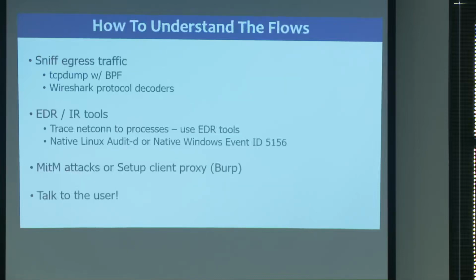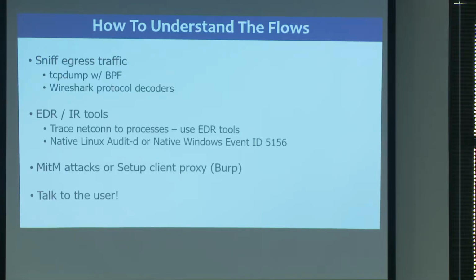This is also important. I told you how you can get the data. And you know that port 8444 was your number 1. Well, what is that? How do you get there? If you have a network tap on your perimeter, you can build some BPF filters and run tcpdump and look for that traffic. Then when you collect that, you can use Wireshark because it has protocol analyzers, and you can maybe figure out what it is.